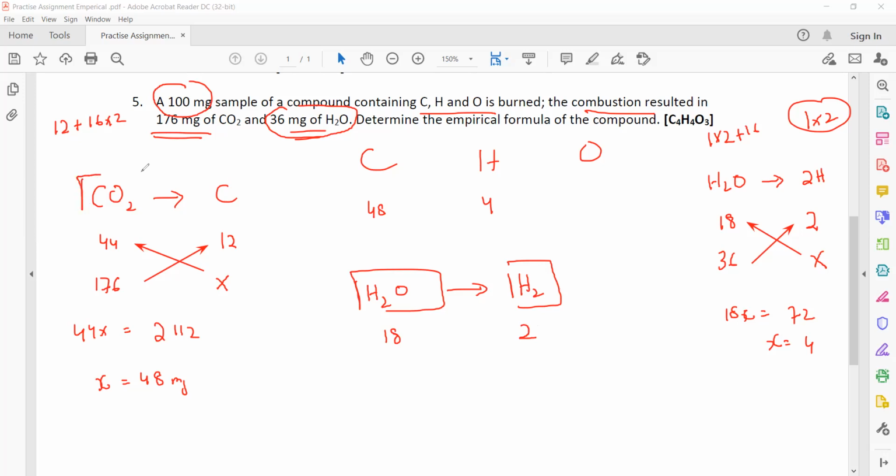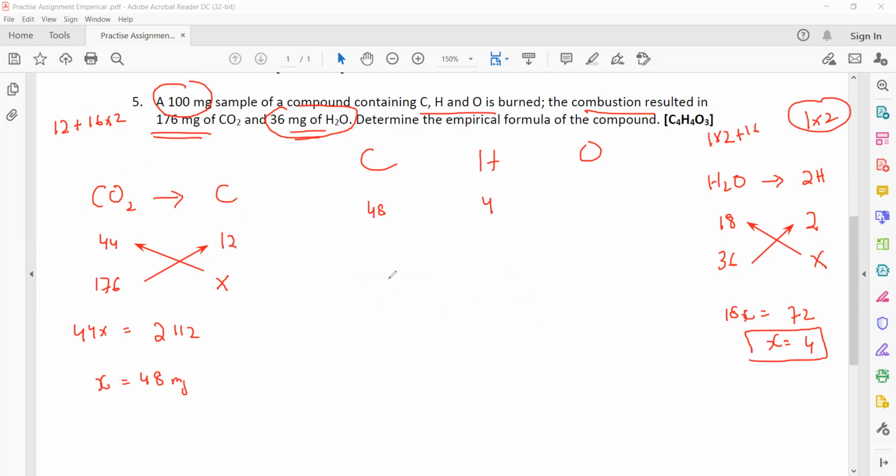But for carbon dioxide, one molecule of carbon dioxide only contains 1 carbon atom. So 18 to 2 is the ratio. So 36 milligrams will have X. When we cross multiply, what do we get? We'll get 4.